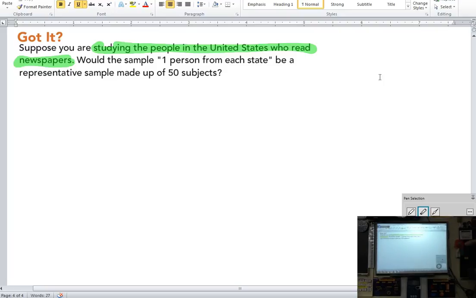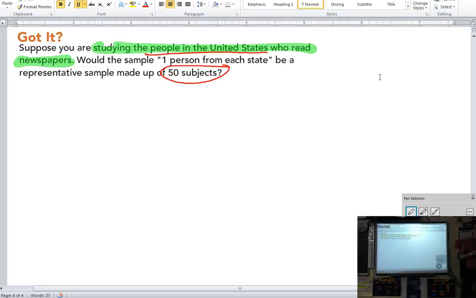Tom? I would say that it could work, but to make it less biased, you'd better have more people from one state. You might get someone that's 50 years old, and in the other state someone who's 10 years old. Guys, if we're talking about people in the U.S., we're talking about millions of people, and we're only going to talk to 50 of them?